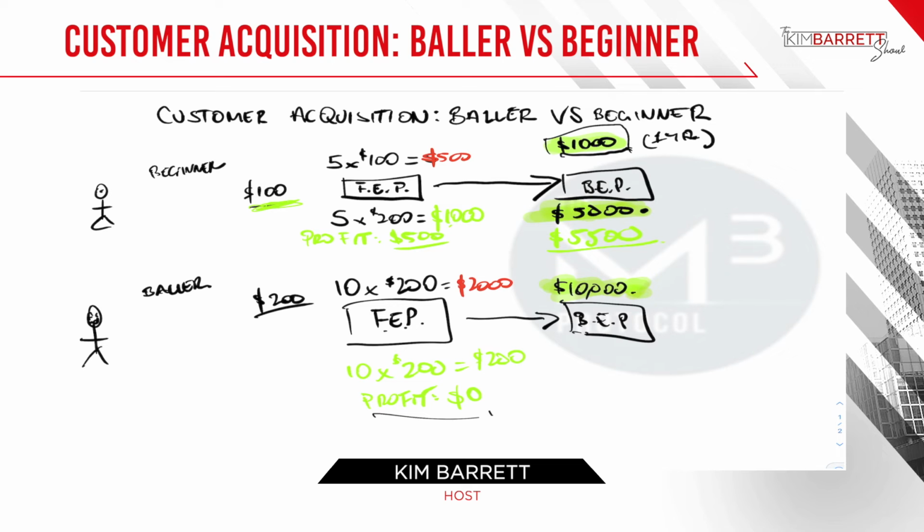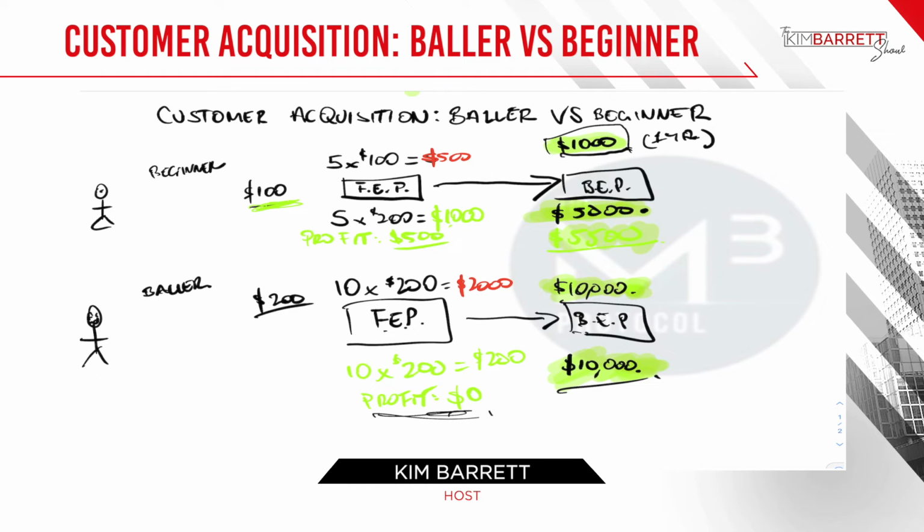So they know that in that year, they're going to bring in 10K. They made no front end profit, but overall their position is sitting pretty at 10,000, versus 5,500 over here.